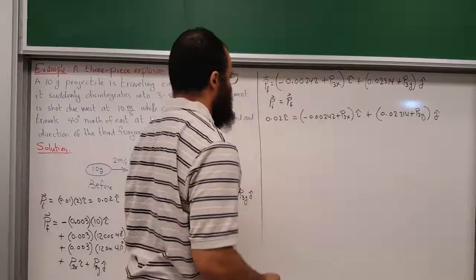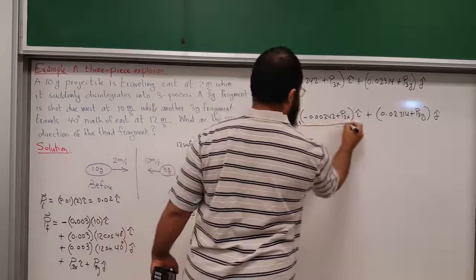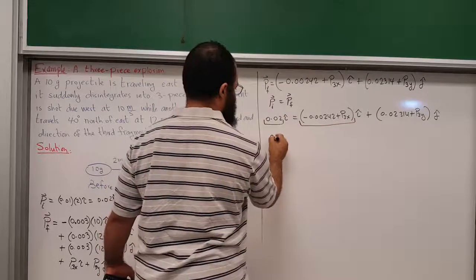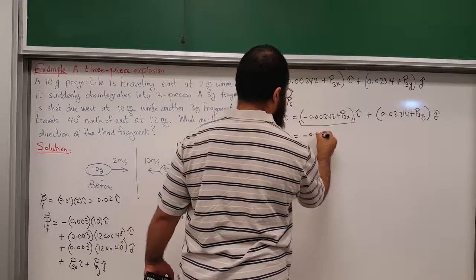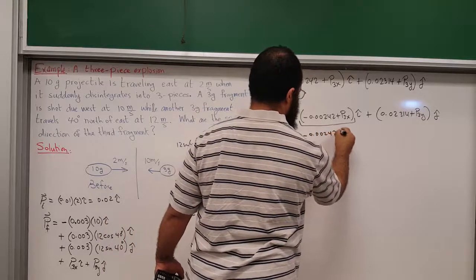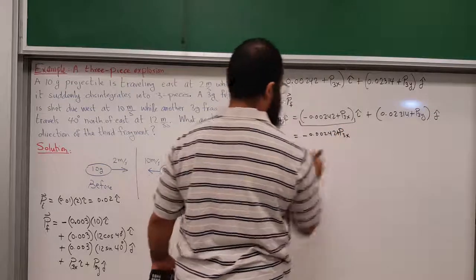So let's worry about the i hat part first. We will match this with this. They have to be equal. So we get 0.02 equals negative 0.00242 plus P3x.